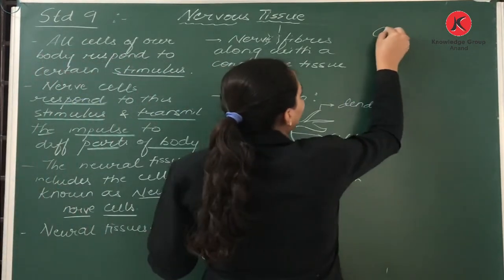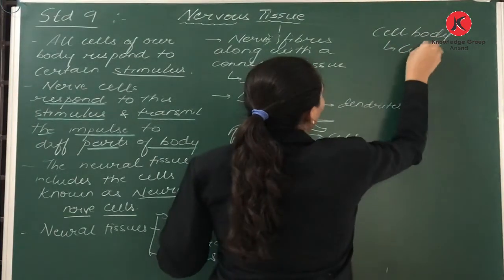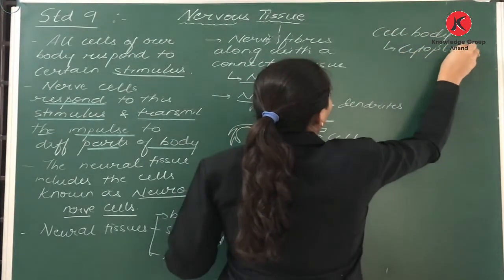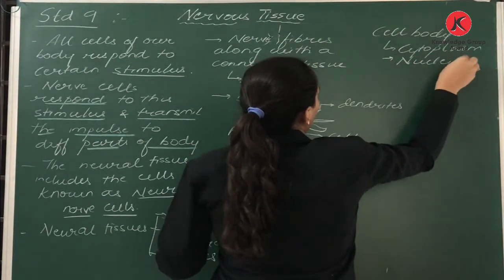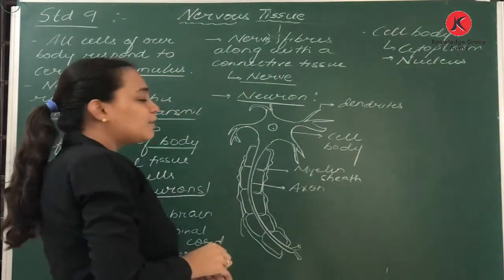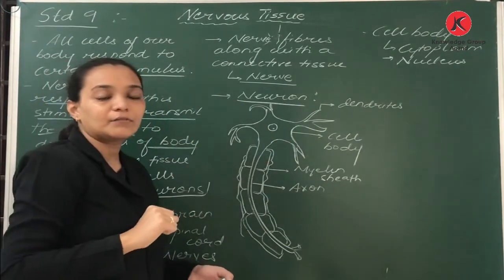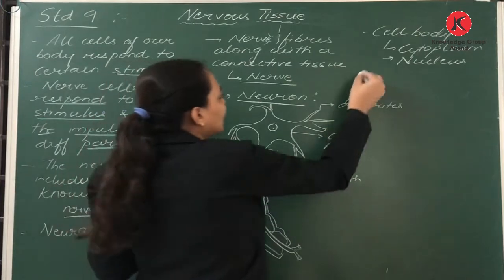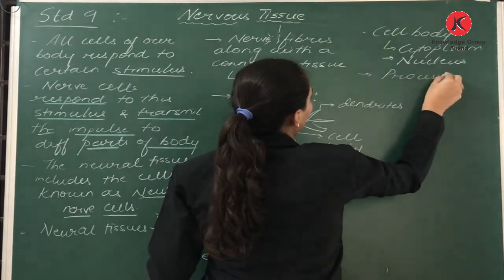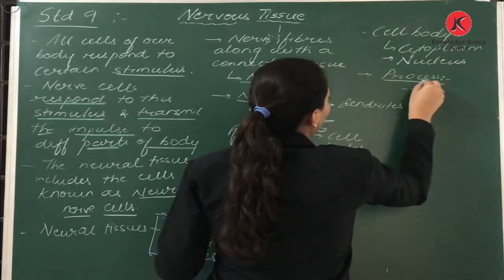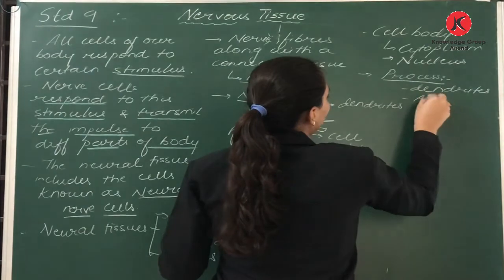Now the cell body has a nucleus. Other processes present, मतलब जो extensions present हैं, उनमें include होता है dendrites और axon.